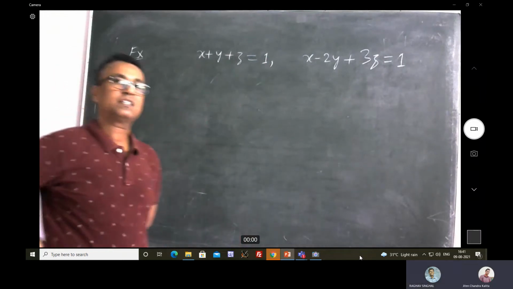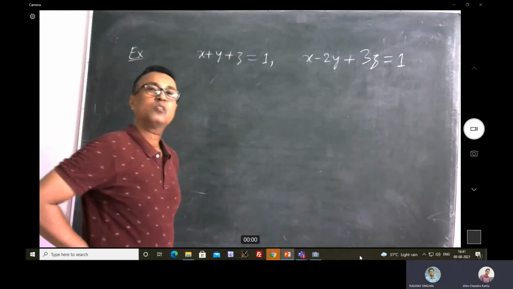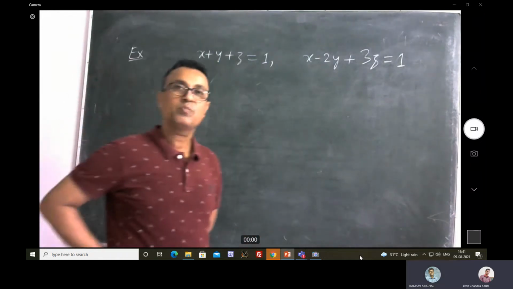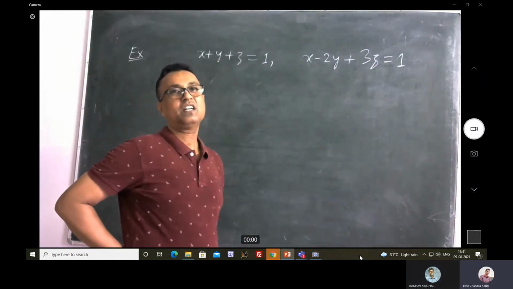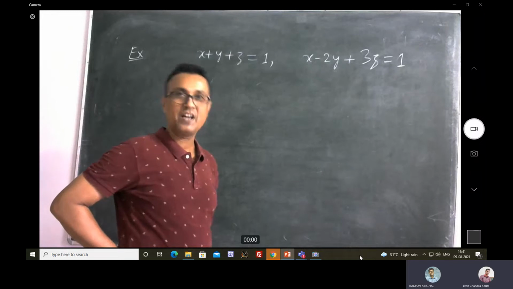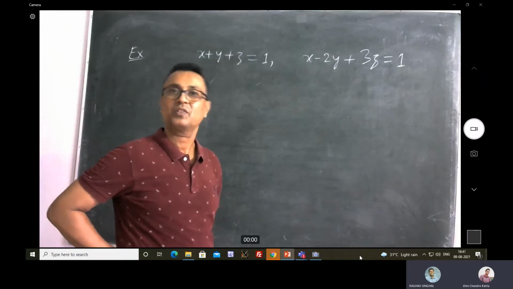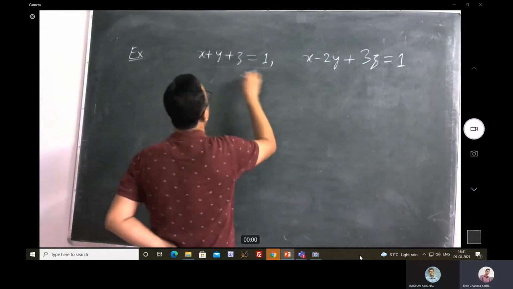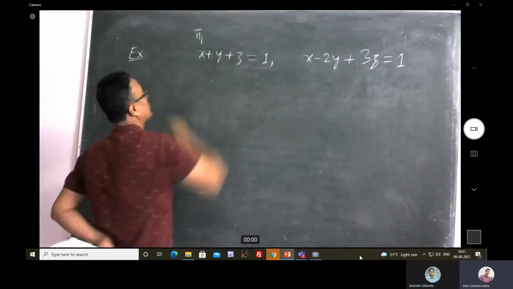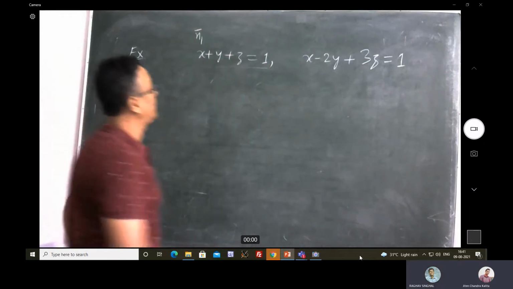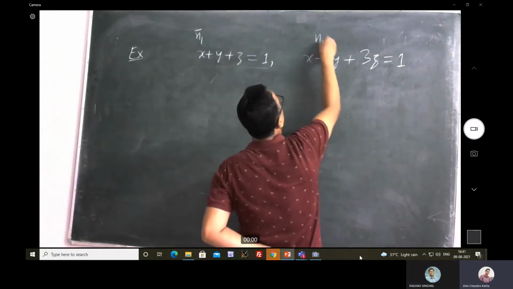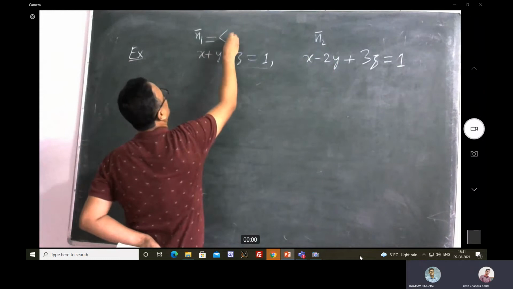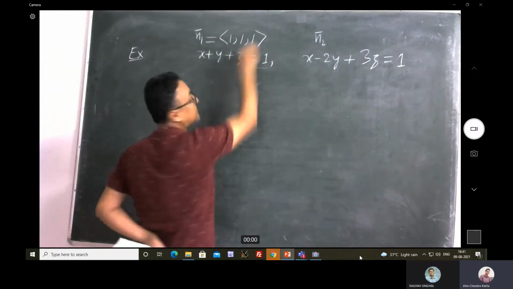And you already know that the angle between two planes is nothing but the angle between their normals, the angle between the normals to those planes. So if I assume that N1 is a normal to this plane and N2 is a normal to this plane, then their components are simply this.